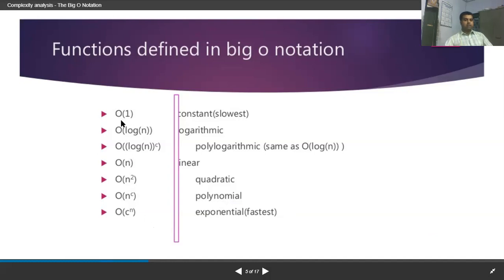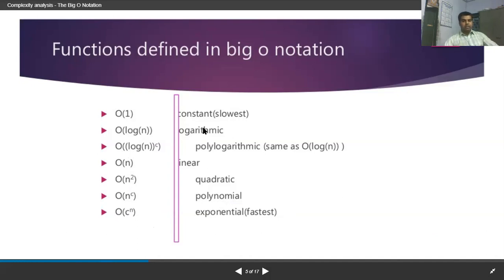What are these measurements? O of 1, O of log n, O of log n to the power c, O of n, O of n square, O of n to the power c, O of c to the power n. And they have their corresponding names.